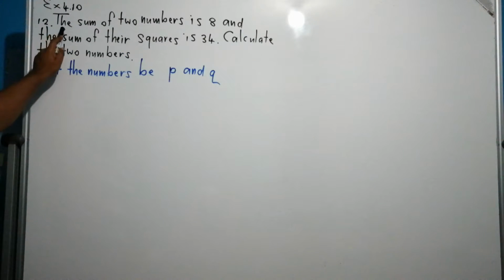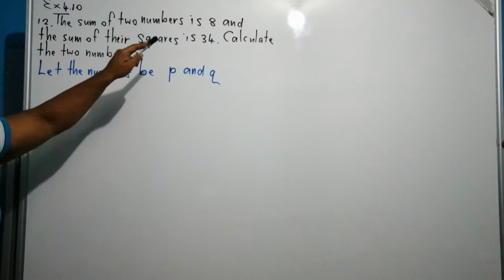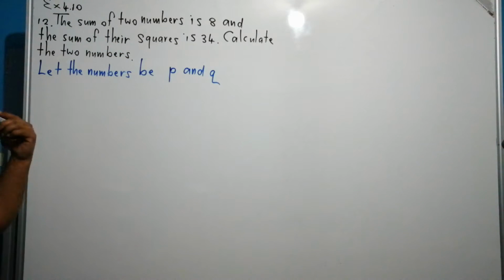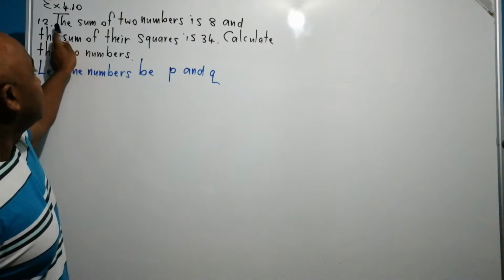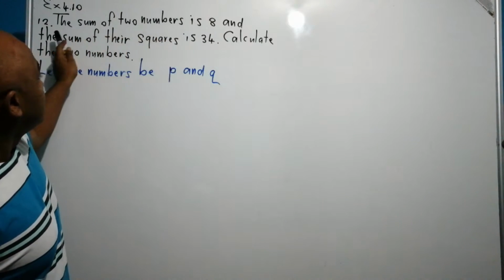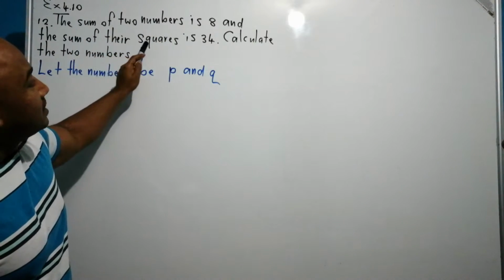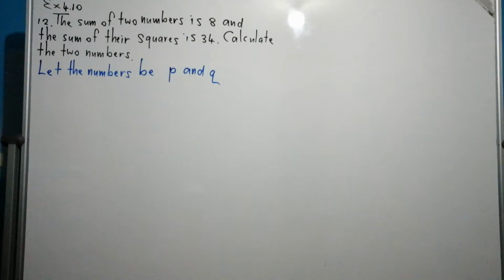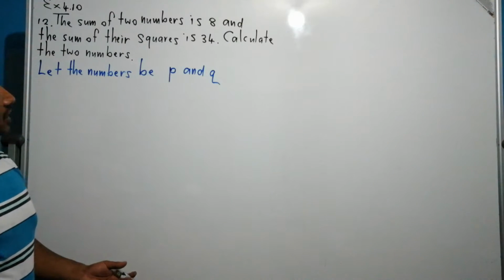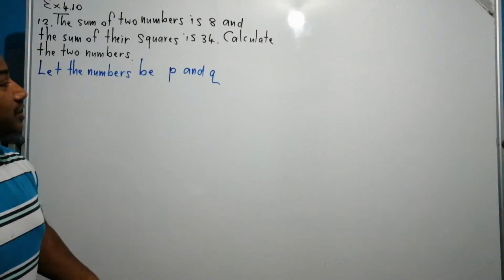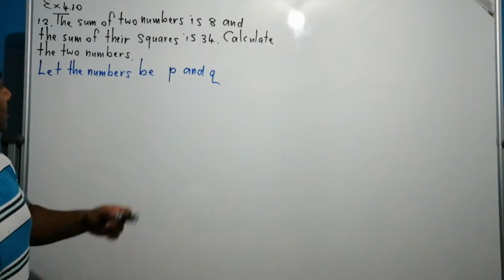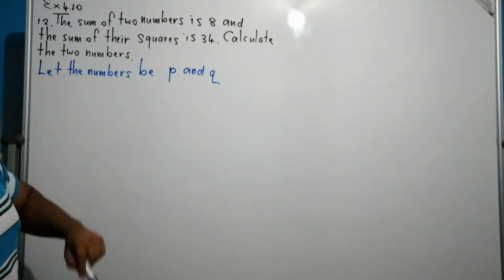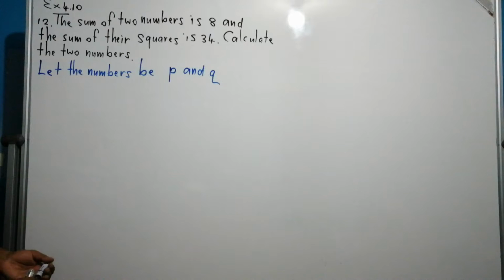Example number 12. The sum of two numbers is 8. Similar to the previous example, you're adding here. Sum of two numbers is 8. And the sum of their squares is 34. Calculate the two numbers. Alright, so this time I want to call the numbers P and Q. Right, so the first sentence there, the sum of the two numbers is 8.